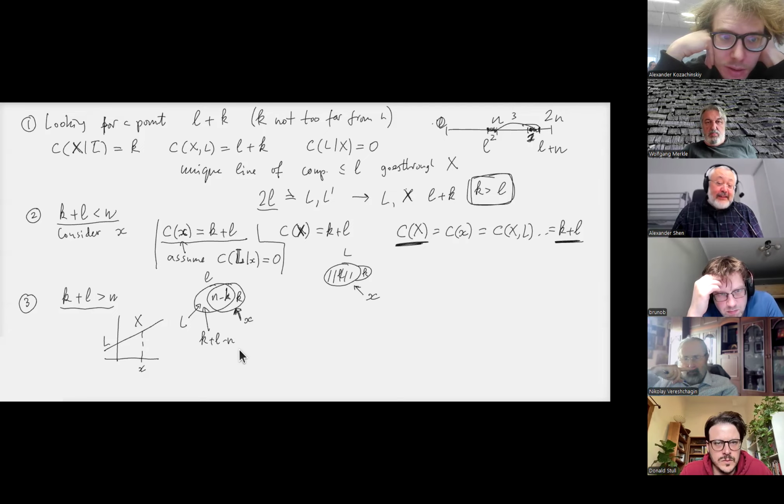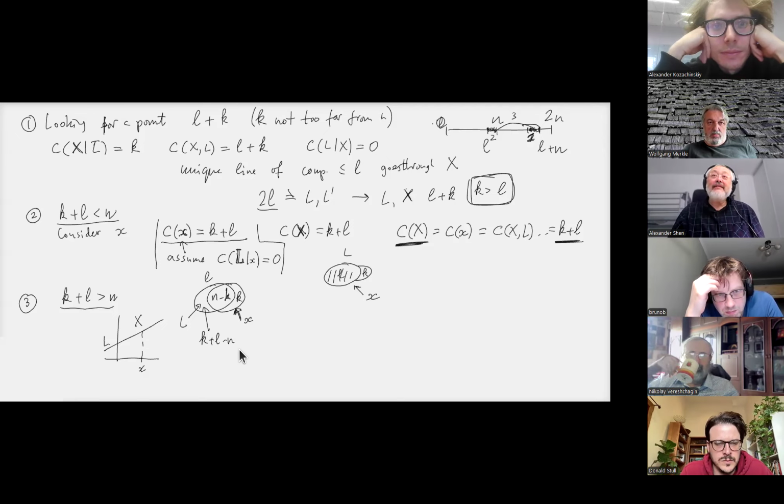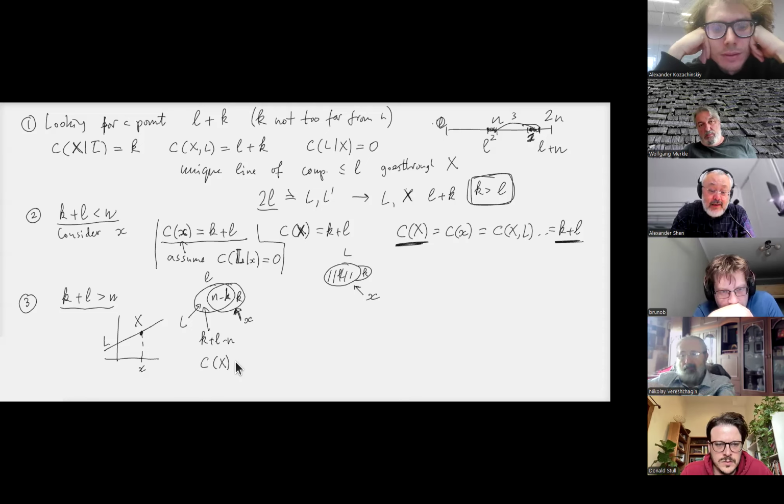But now, we don't use L completely, there is something which remains. It remains this difference, k plus L minus n. And still the claim is that the complexity of x is exactly k plus L.